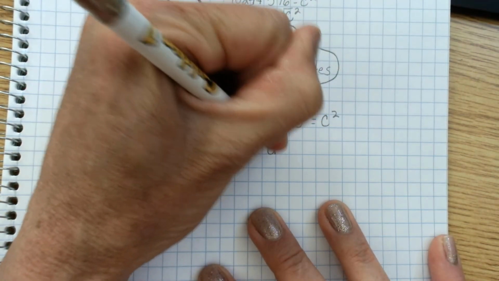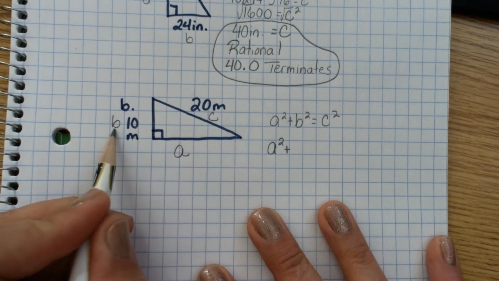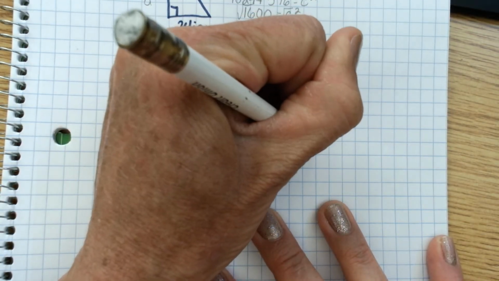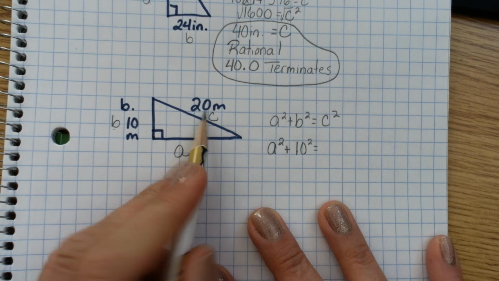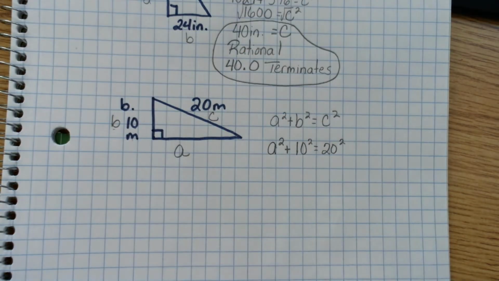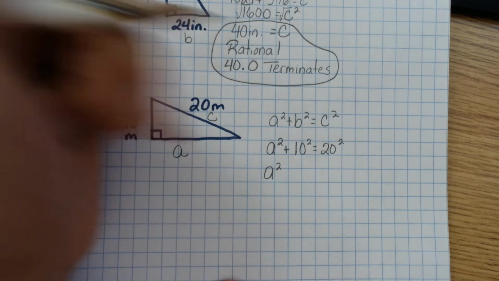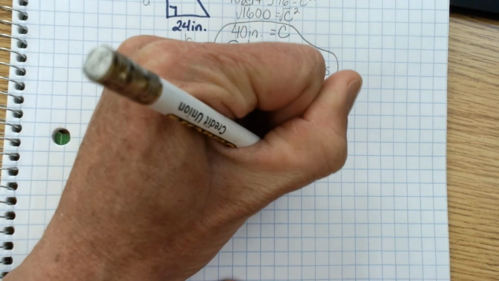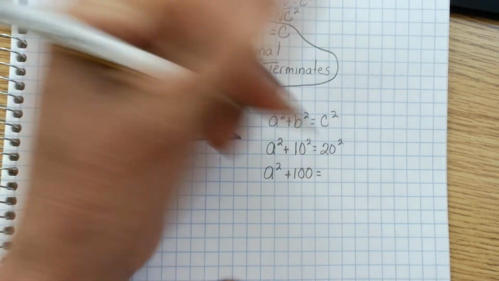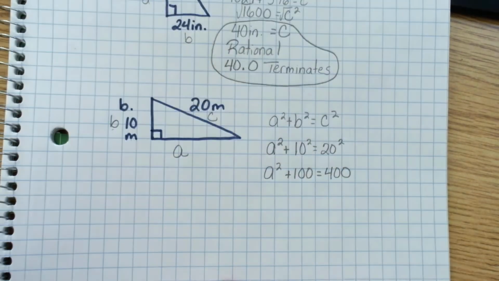Okay, a is our unknown, so a squared will stay a variable. I'm going to substitute 10 in for b, 10 squared, and substitute 20 in for c. Okay, so now we just need to square, well, we can't square the first one because it's a variable, it just stays a squared. 10 times 10 is 100, and 20 times 20 is 400.